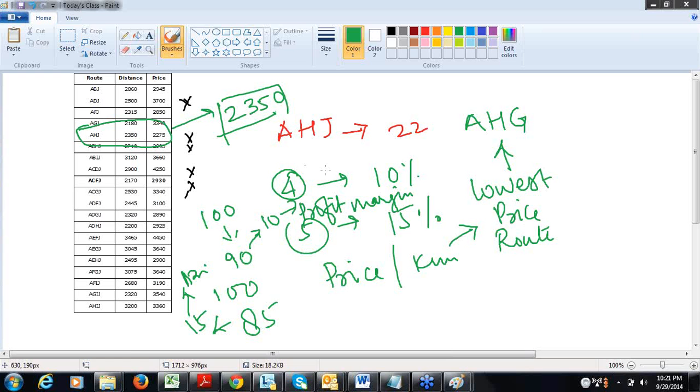But if you see in this table, AHG will be the route with the lowest price per kilometer. If you see all these routes, they are all more than one. The lowest is this one. That is why I have taken the route AHG. Margin means profit margin. It does not mean loss margin.